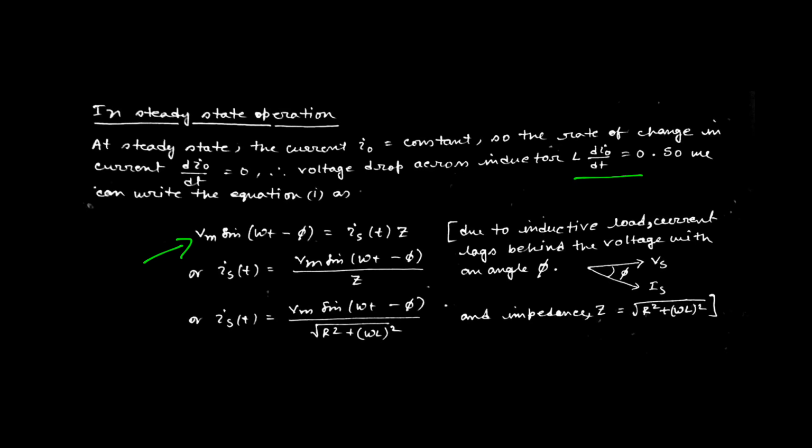So the steady state component of the current i_ST can be defined as Vm sin(omega t minus phi) divided by Z. After putting in the value of Z, we have i_ST equal to Vm sin(omega t minus phi) divided by root over of R square plus (omega L) whole square. So this is the expression for the current under steady state operation. Now, for transient operation.